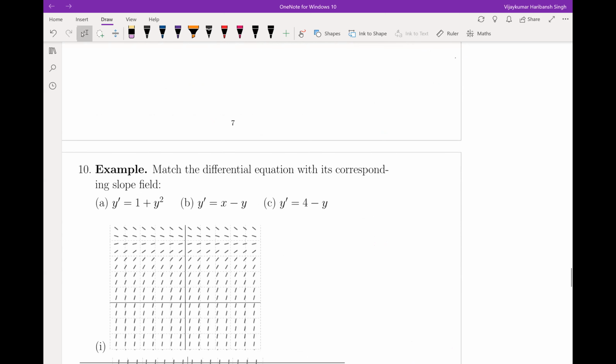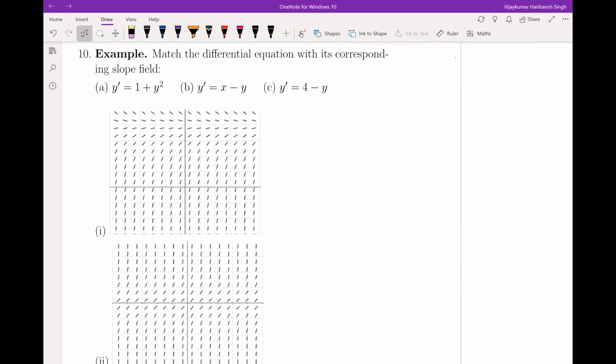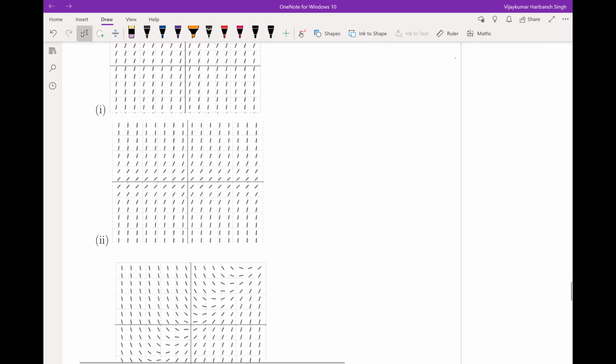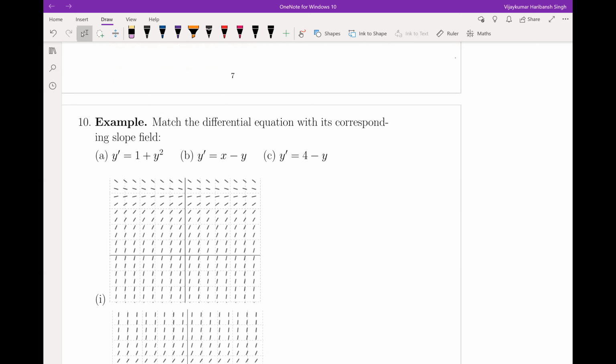Now let's match the differential equation with the corresponding solution. Here we are getting some kind of an equilibrium, right?